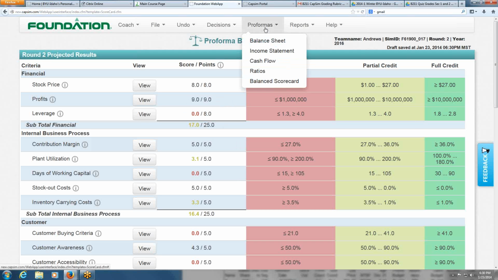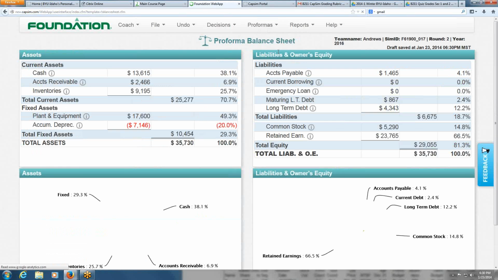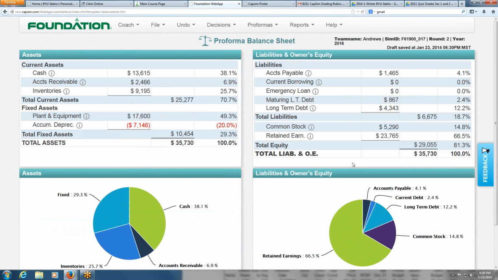Okay. So then if you go to your pro formas, you also have your cash flow, income, and balance sheet. Basically, what these will do is tell you how you're doing in the market, like how much money you have left over, what you have in your assets, what you have in your liabilities, so you could figure out your leverage better.